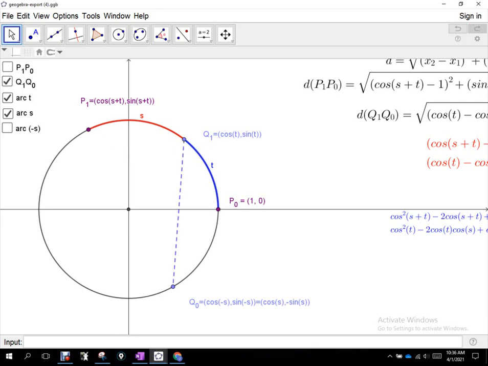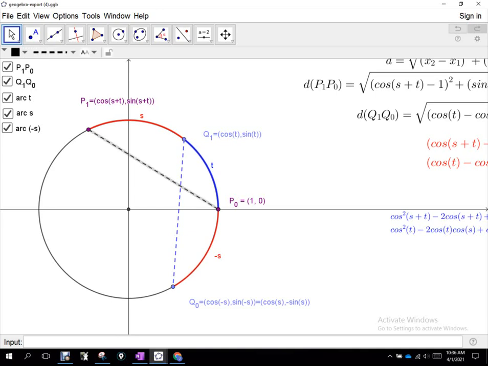What's that segment called? It's a chord as well, isn't it? And that subtends the arc of T plus negative S, right? But if we're talking about distances, because these arcs have lengths, does anybody remember what we talked about?